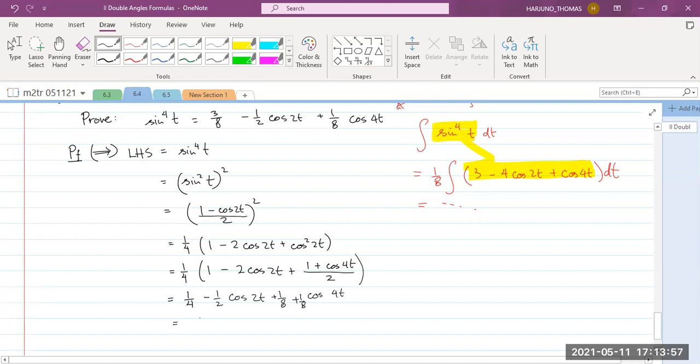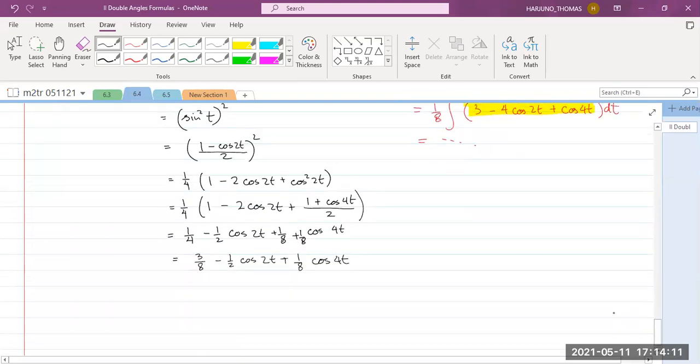Now 1/8 plus 1/4, that's 3/8. Which is our right-hand side. Therefore, that's the end of the proof.